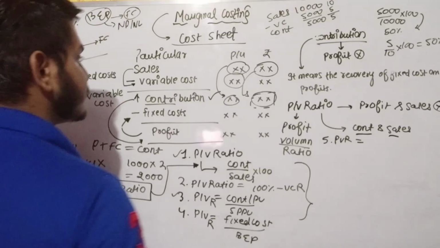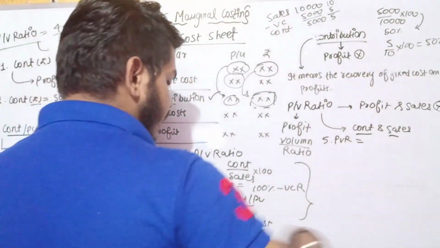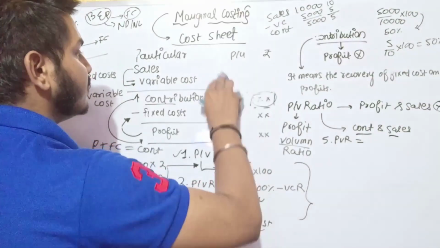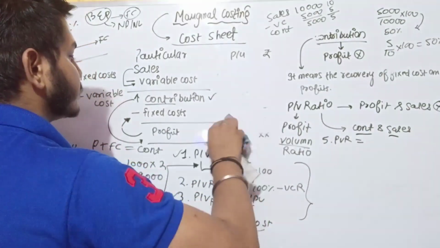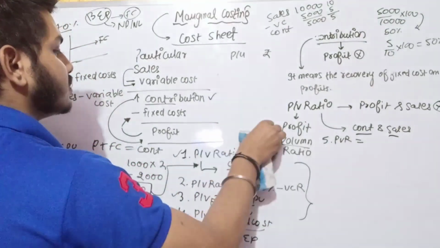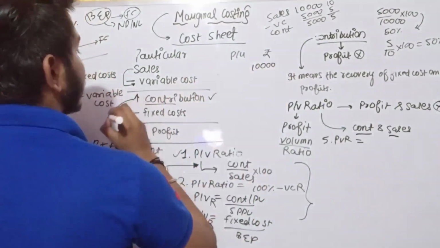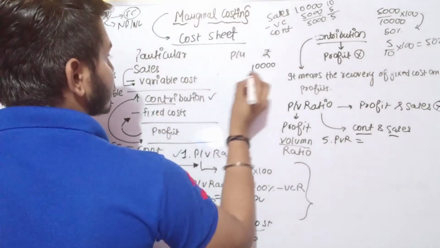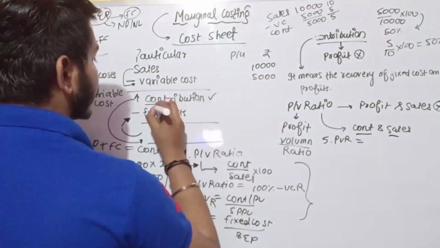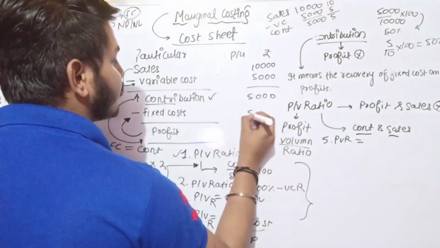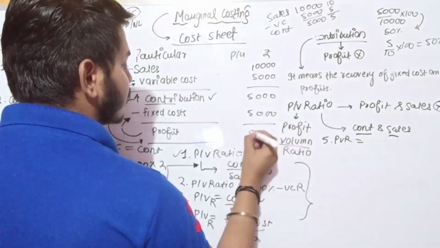How would it be possible, sir? Let's take an example. As I have made a cost sheet here, let's use it. Suppose I have a sale of 10,000. I have a variable cost of 5,000. I have a contribution of 5,000, but I also have a fixed cost of 5,000. Now profit is 0.